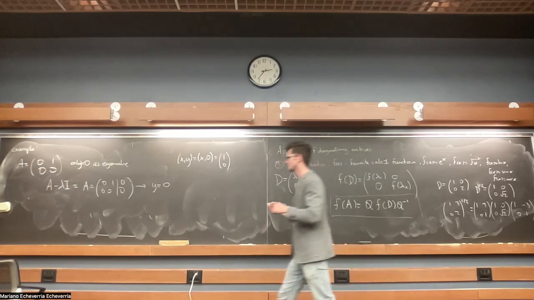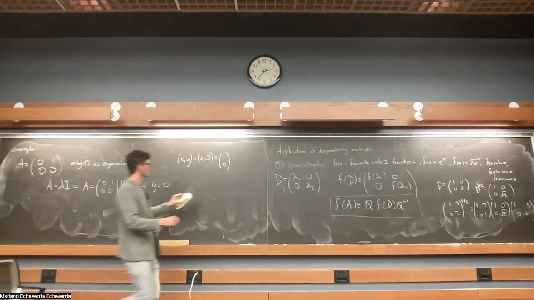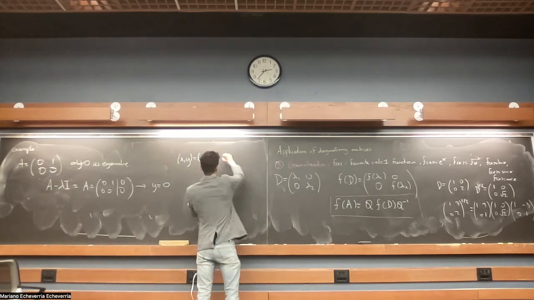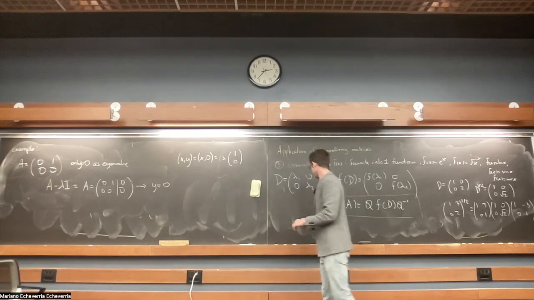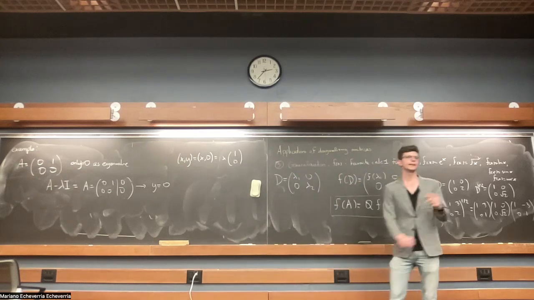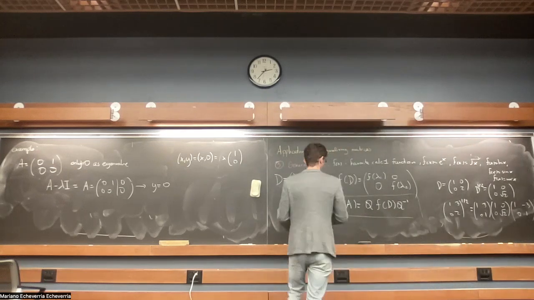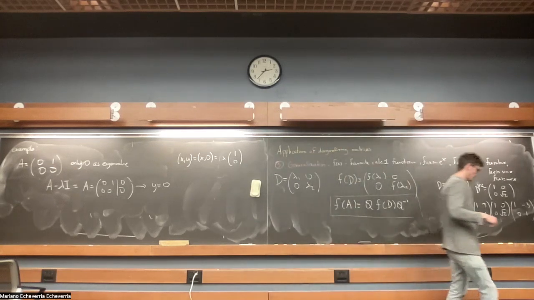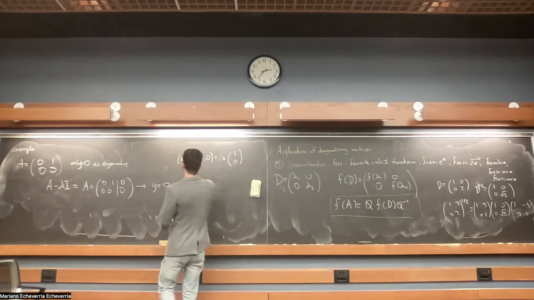Sorry, it's x times (1, 0). So any eigenvector of this matrix is a multiple of e1.